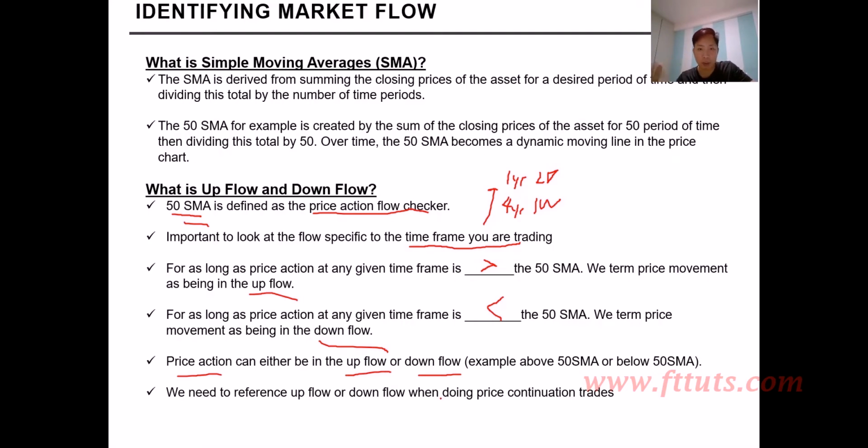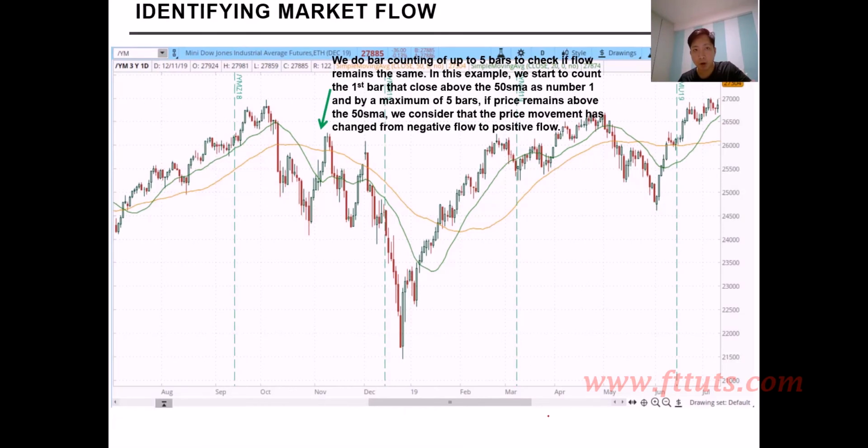We're going to use upflow and downflow mostly for continuation trades later on, especially in level 2 of the class. But right now I'm going to teach you so that when we go into market analysis and I cover upflow and downflow, you understand what we mean by these terms. So let's go into this example.